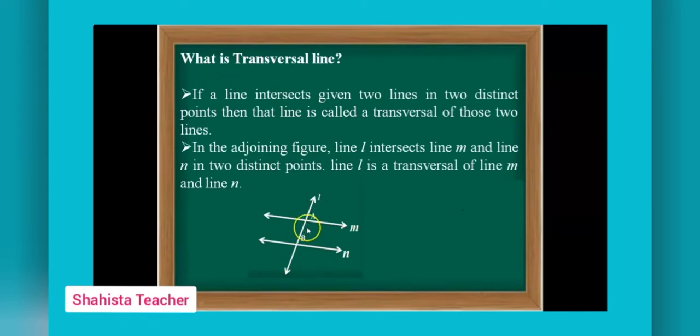Point A and point B are intersection points. So in the adjoining figure, line L intersects M and N at two distinct points, A and B, and line L is known as a transversal of lines M and N.